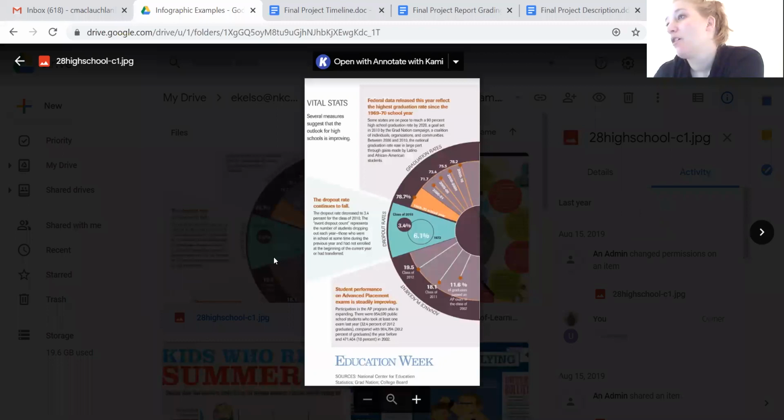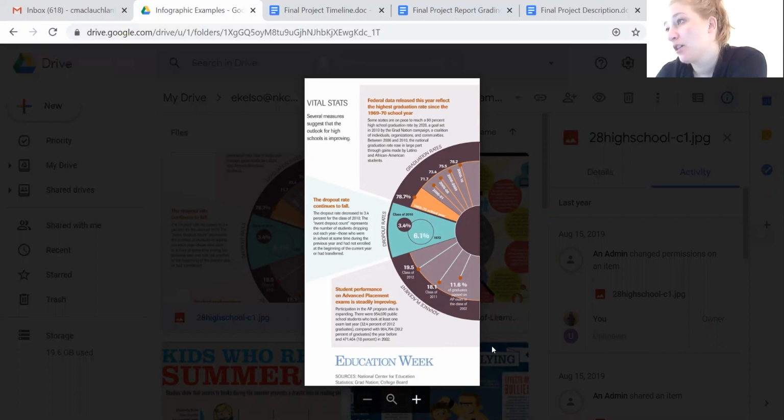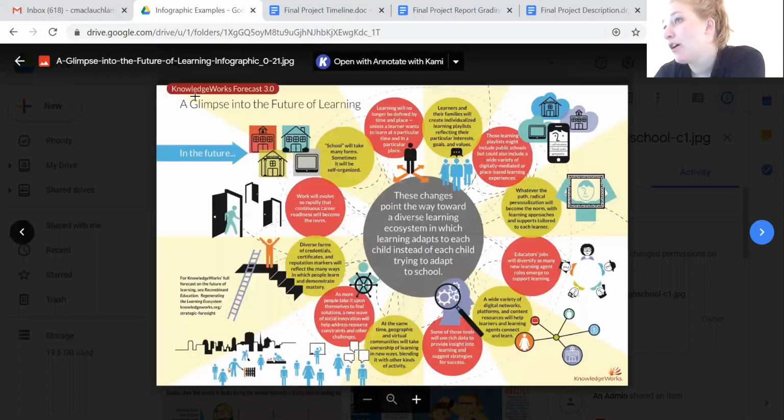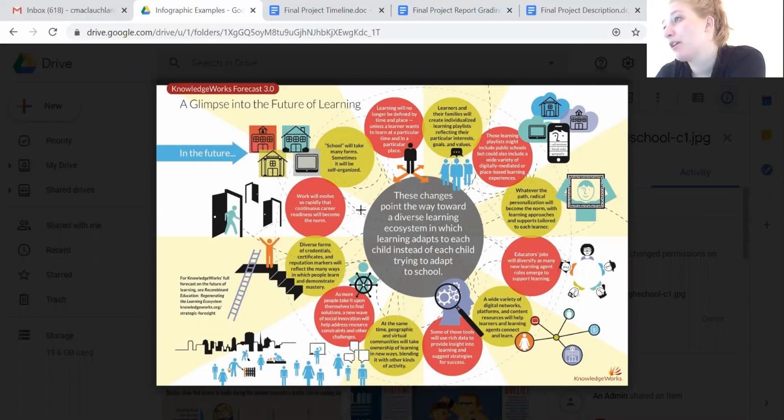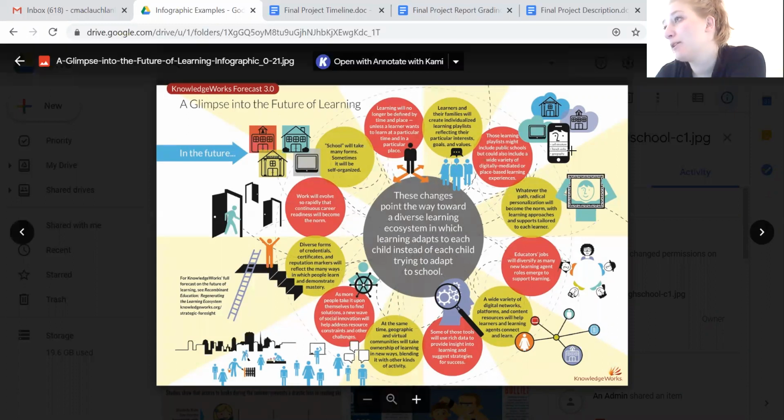You'll notice it's got a nice picture. It's got some information about the data that was collected. Here's another example. The future of learning. So this is kind of cool. I like how it kind of looks like a web mapping sort of thing, and it brings it all together.